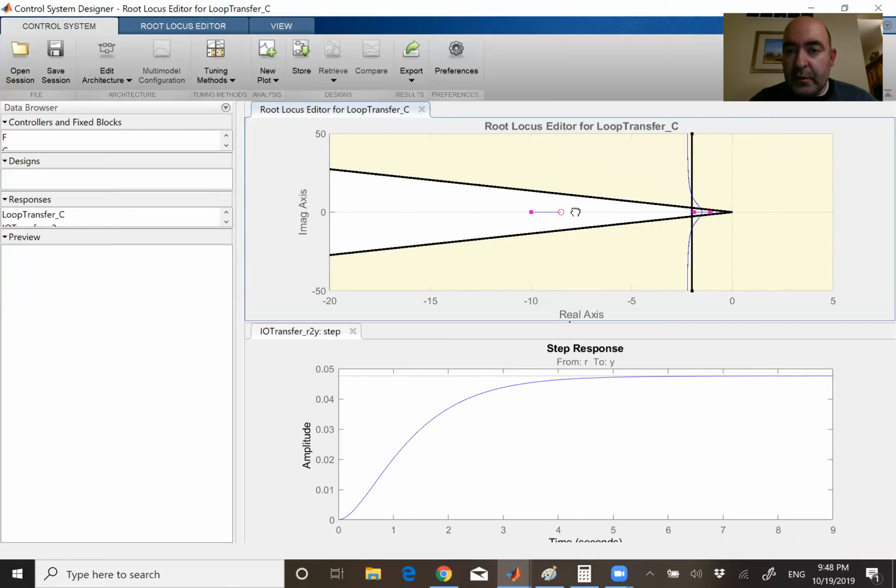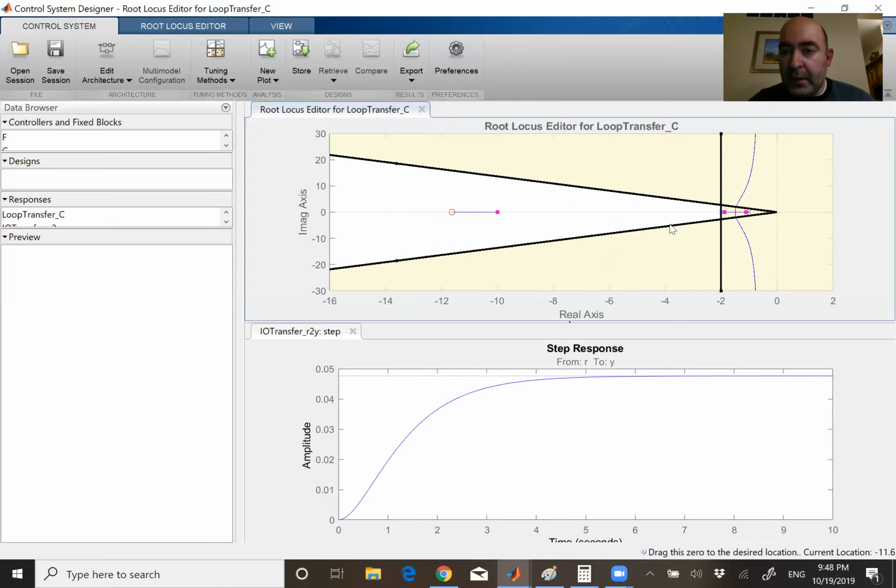I can move it a little bit, in random directions until I can see that my dominant poles start coming into the desired region. Notice that once I'm here, my dominant poles are essentially outside my desired region. That means with this particular 0, there is no way for me to get the design requirements that I want.